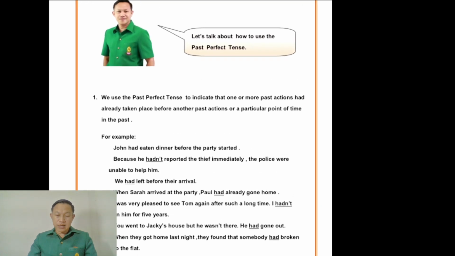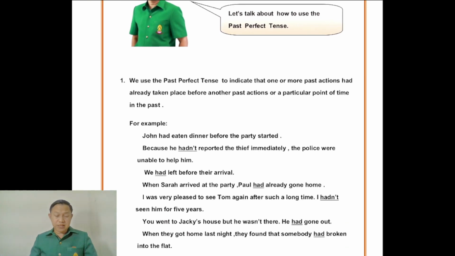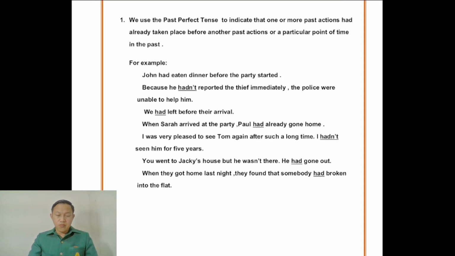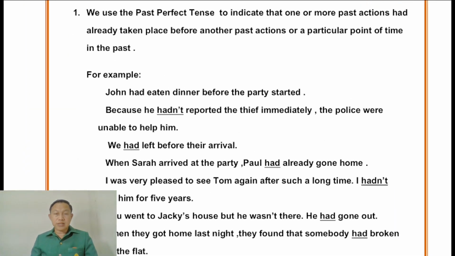So now, let's talk about how to use the past perfect tense. We use the past perfect tense to indicate that one or more past actions had already taken place before another past action or a particular point of time in the past.